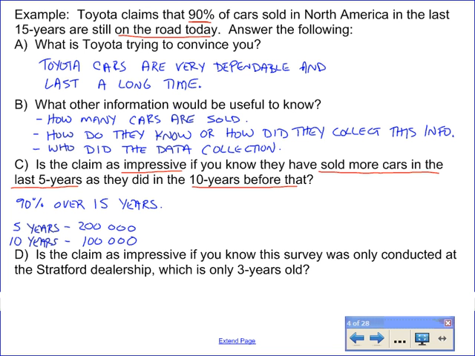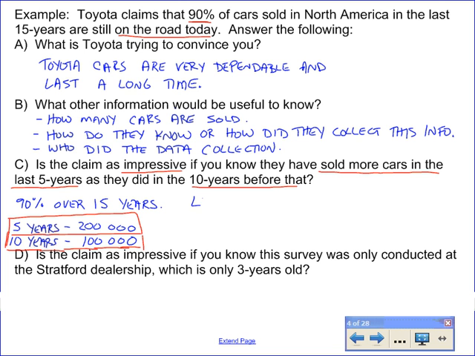So would you be more impressed, or are you just as impressed, or are you less impressed? And here, you kind of are less impressed because there's more cars on the road, but they're only 5 years old. The majority of these cars that are still out there, okay, there wasn't that many sold to start with.